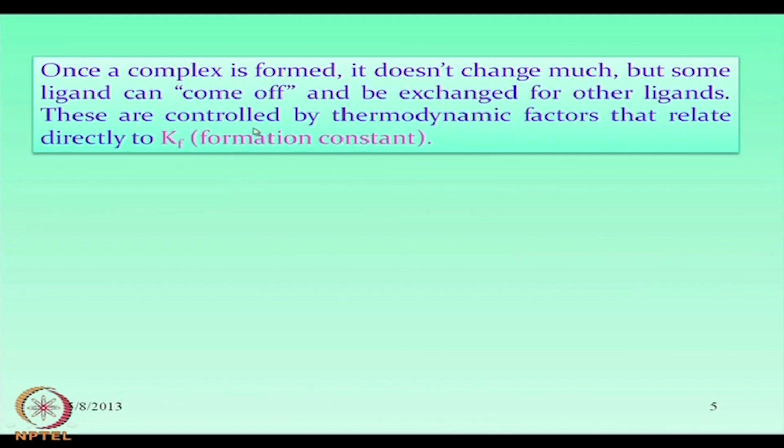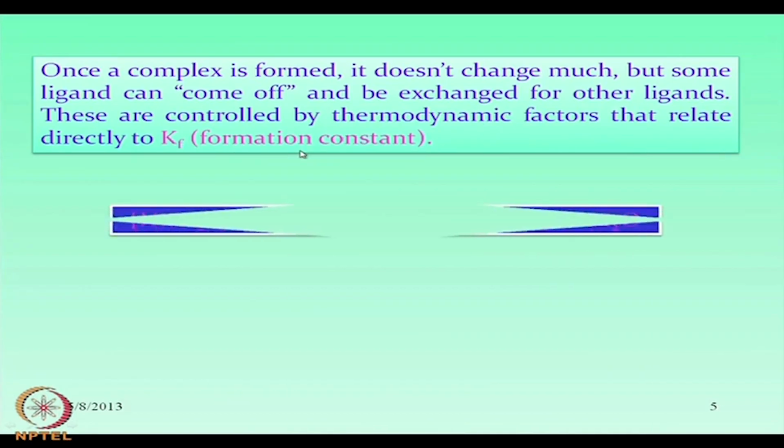And this particular transition from the aqua complex to the amine complex, there will be some control by the thermodynamic factors that relate directly to the Ka values, the formation constant values.